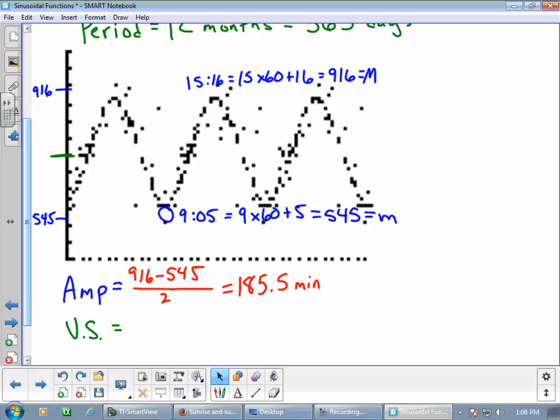There are 3 ways we can do this based on what we already know. Do you know what this distance is? Yes. What is this distance? 185.5.